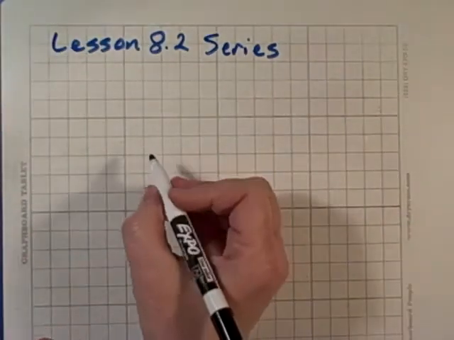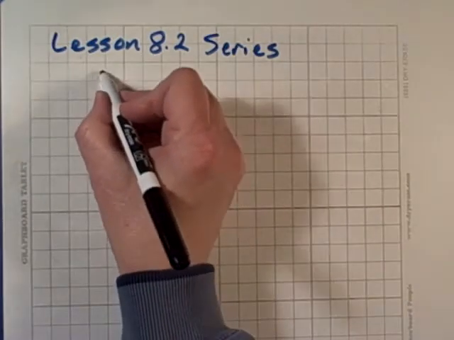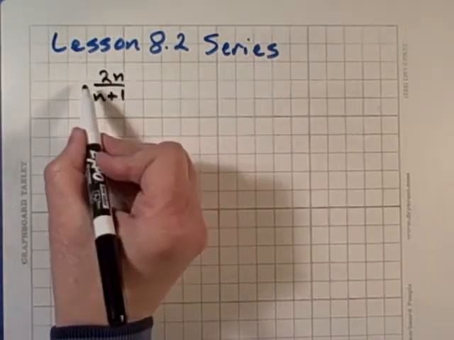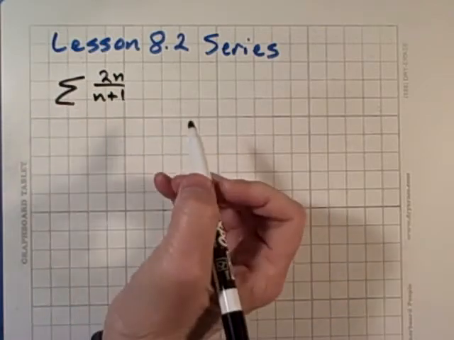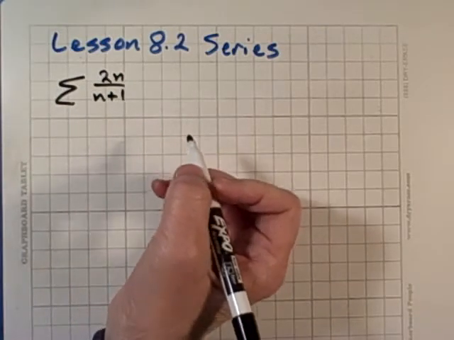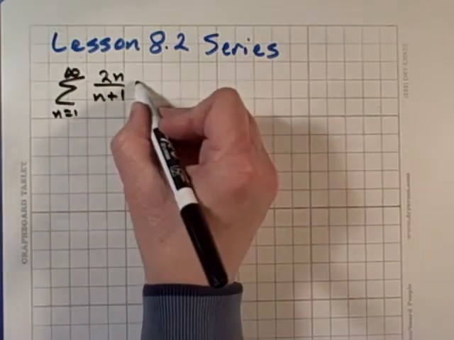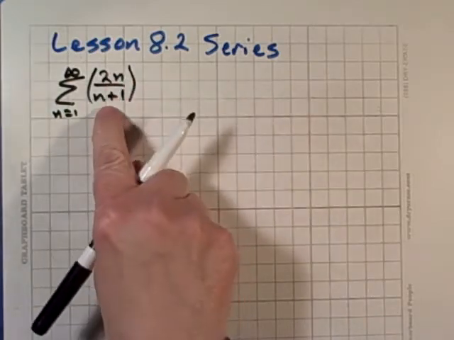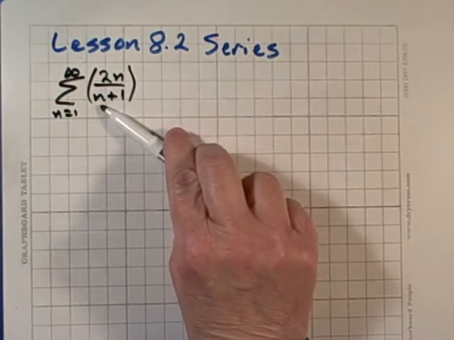An example of that test for divergence would be 2n over n plus 1 as a series. Even if it's infinite, we should recognize that we can take the nth term and find its limit. You probably recognize that it's going to head toward 2.